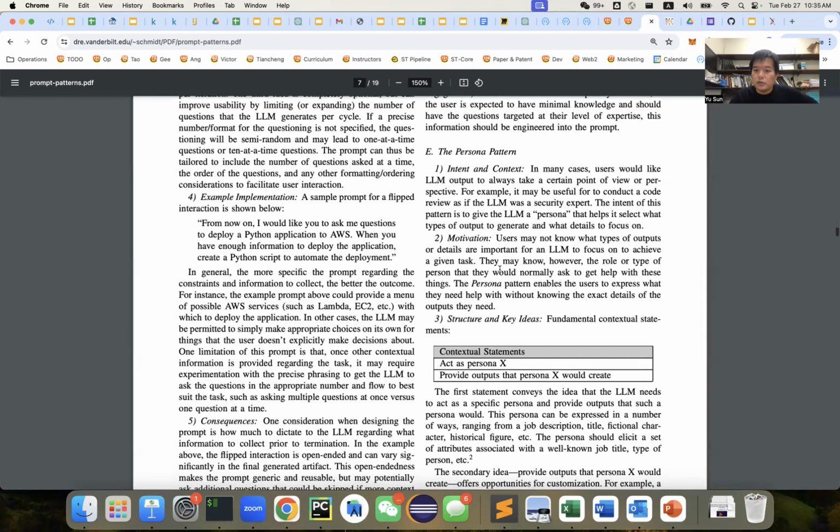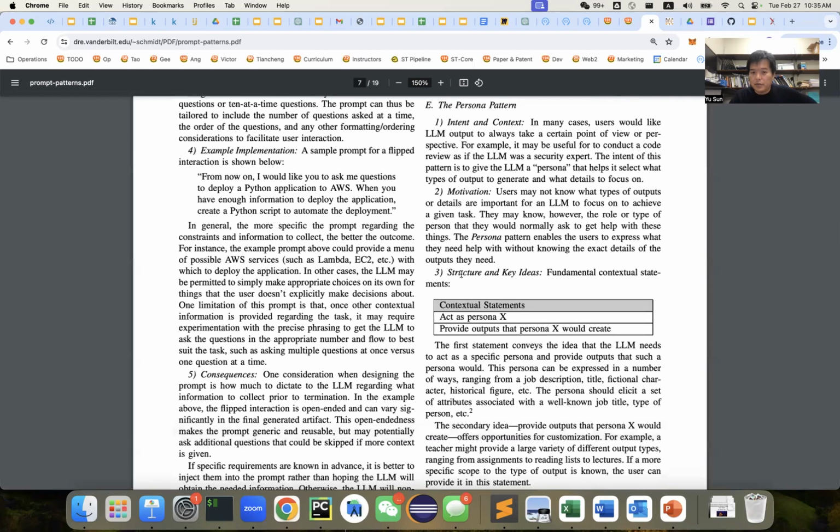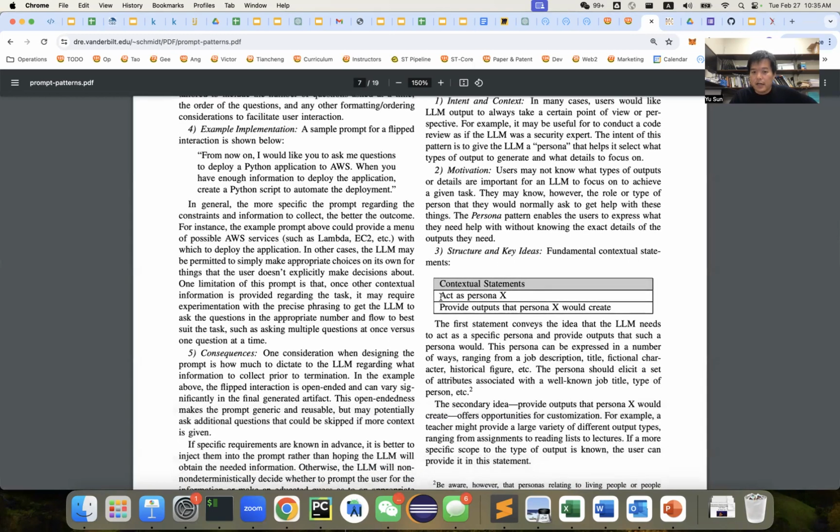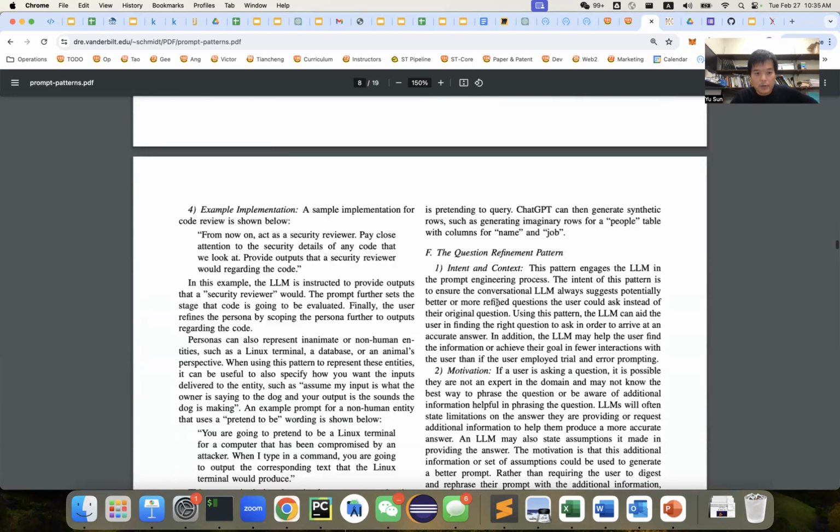And to use that pattern, they give you the structure: act as persona X and provide output that persona X will create. Very simple. So if we want to ask ChatGPT something, instead of just going with the question, if you use this pattern, you can probably get something more professional. Okay, let's see if they have an example. From now on, act as a security reviewer.